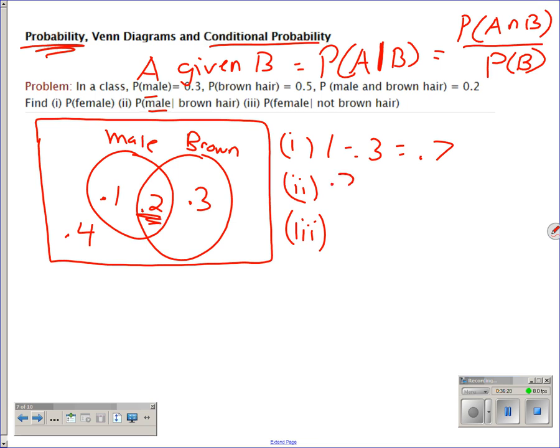Then divided by the probability of the given. My given statement is that I have brown hair. What's the probability of having brown hair in this problem? 0.5. It's everything in the brown hair circle. So 0.2 divided by 0.5 is 0.4. So 40% chance.